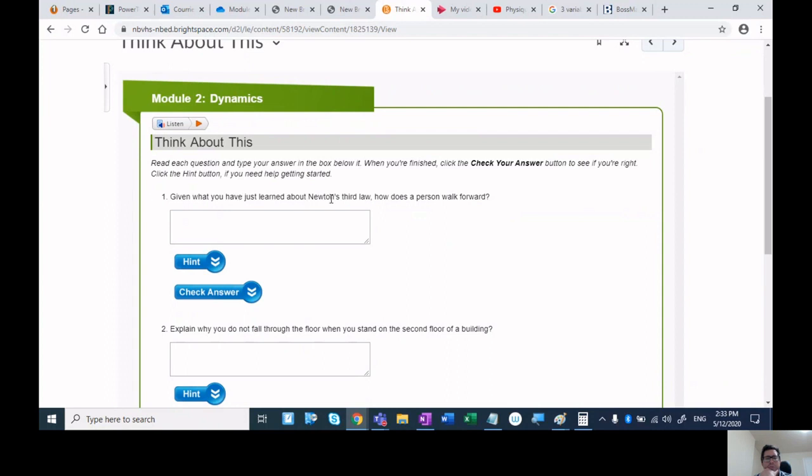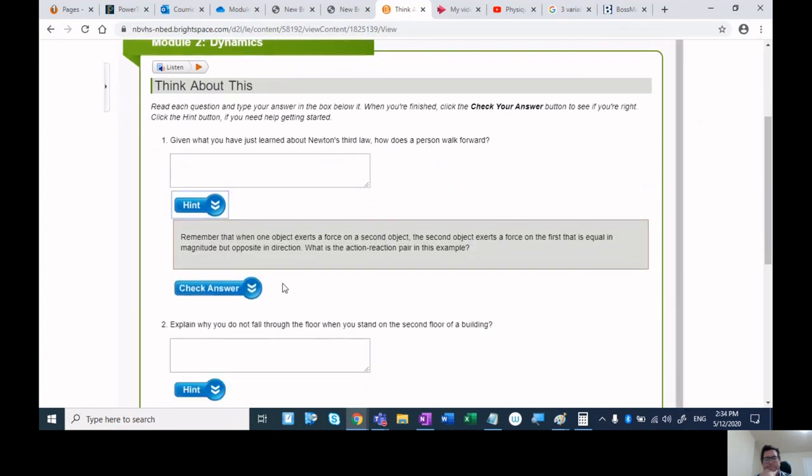Given that you have just learned about Newton's third law, how does a person walk forward? Give me a hint. So before I read the hint, the friction of your shoes is what makes you go forward.